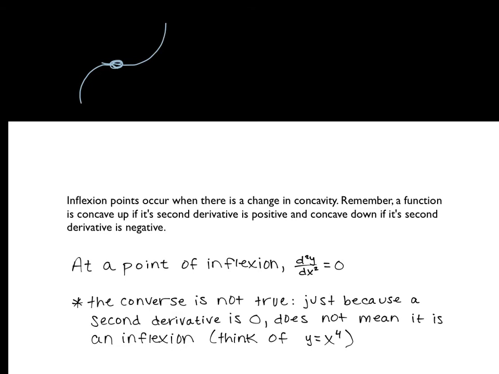And so it could also go the other direction. It could first be concave up, and then it could switch to being concave down, and whatever that point is right there where that change happens, that's your inflection point.